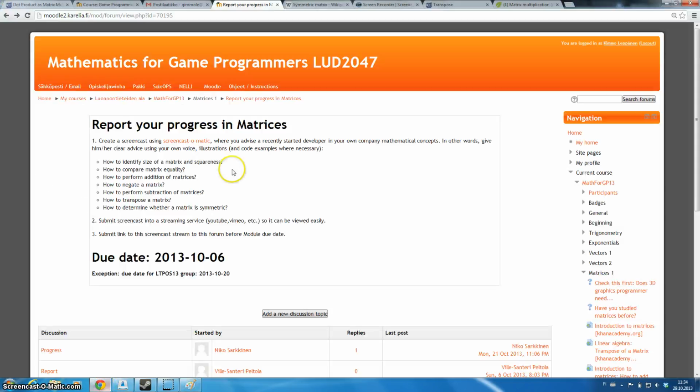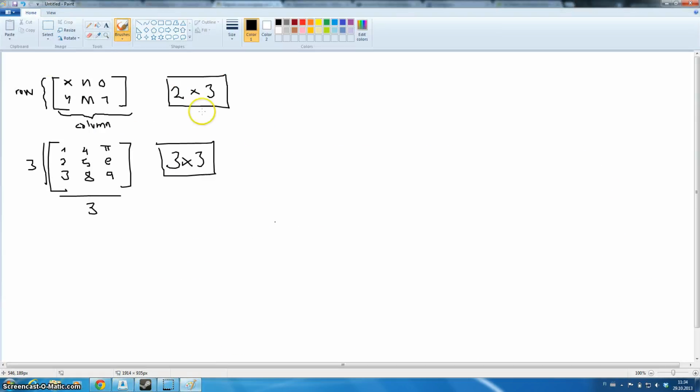Okay, so the next thing, how to compare matrix equality. A matrix has to have all its elements, and it has to have numbers or something markable inside.